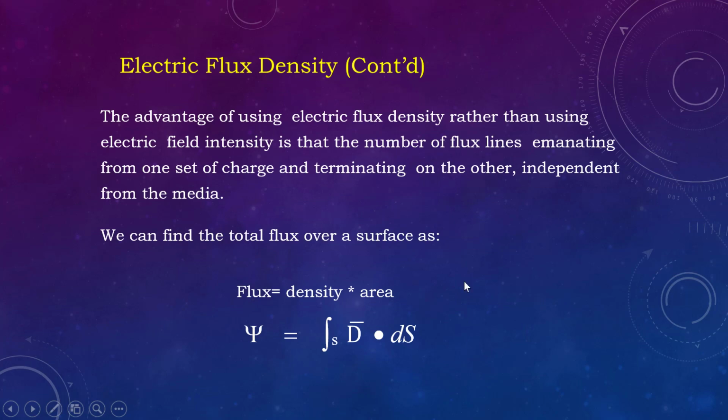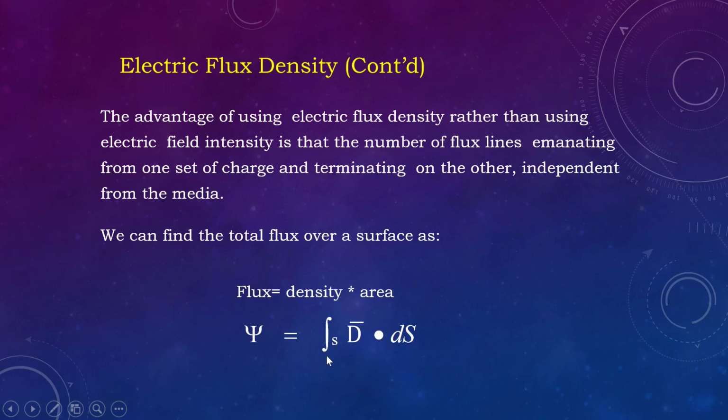There is one more equation on electric field intensity. Later on we are going to see this. If we know the flux, then we can find the density, and if we know the density, we can find the flux. So how to find flux? Density is equal to flux divided by area. So if I take area to that side, then it is equal to D bar into dS bar.